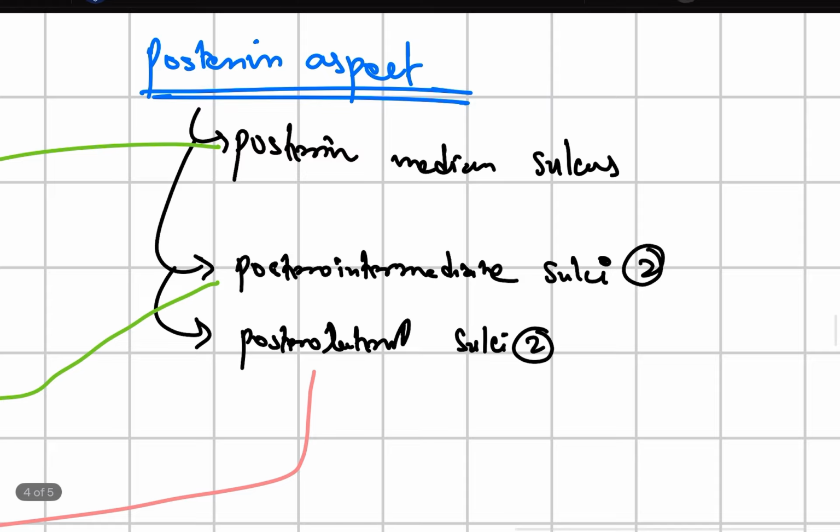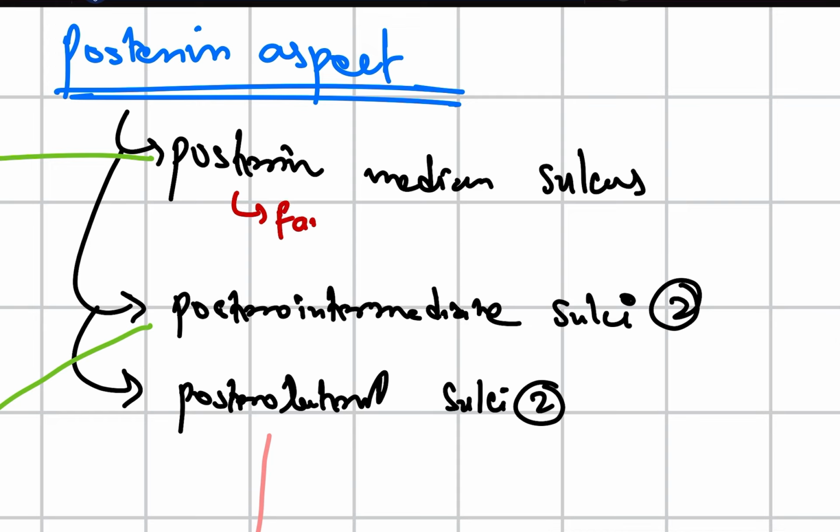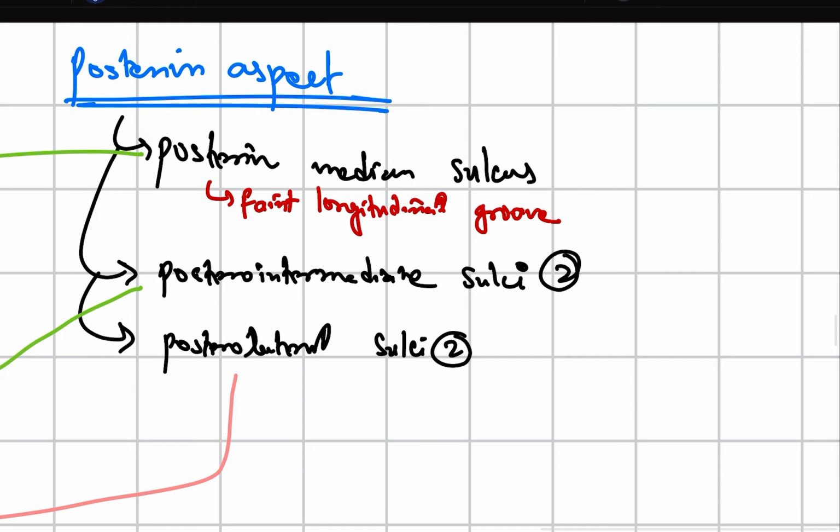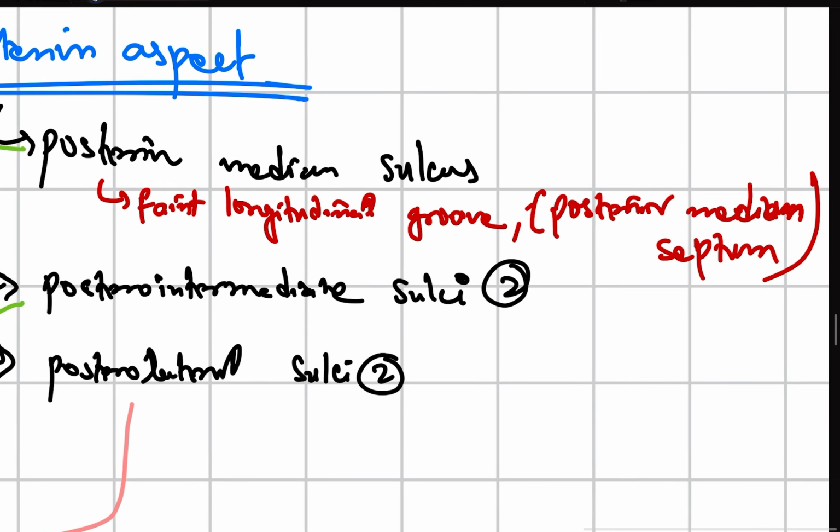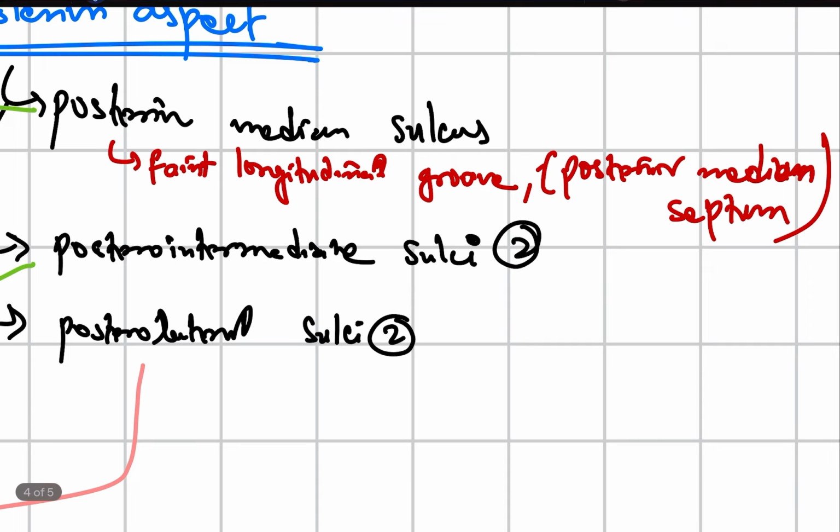Now regarding the posterior side, there is a faint longitudinal groove, the posterior median sulcus, from which the posterior median septum of neurological tissue arises. It does not extend along the entire length; it has a variable extent.